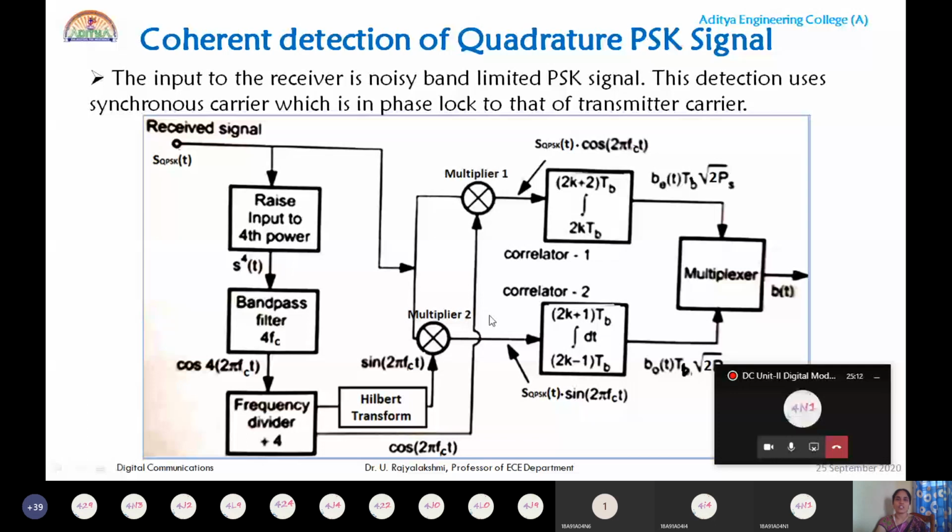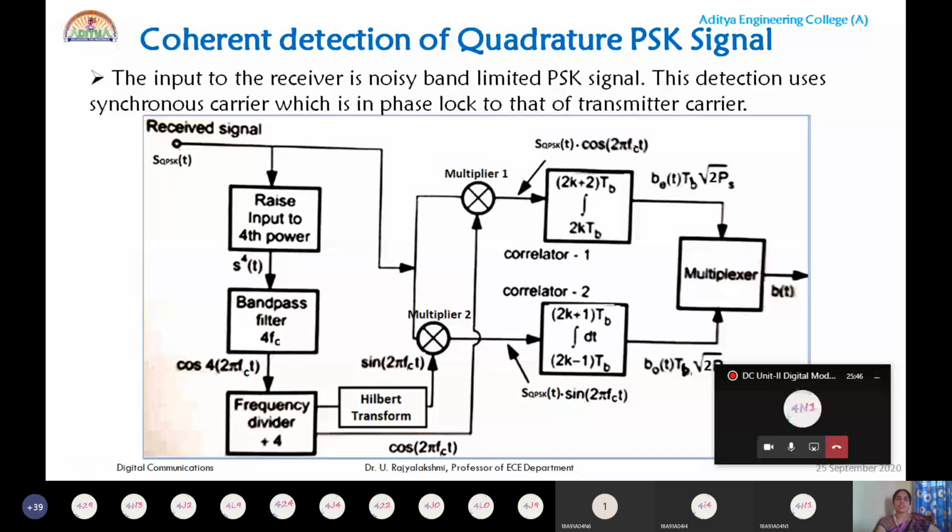So what will this low pass filter do? Once again it will perform integration. We'll consider the limits as odd intervals for the correlator 2 low pass filter. For the correlator 1 low pass filter, we'll take the limits for the even intervals, that is from 2k Tb to 2k plus 2 Tb.